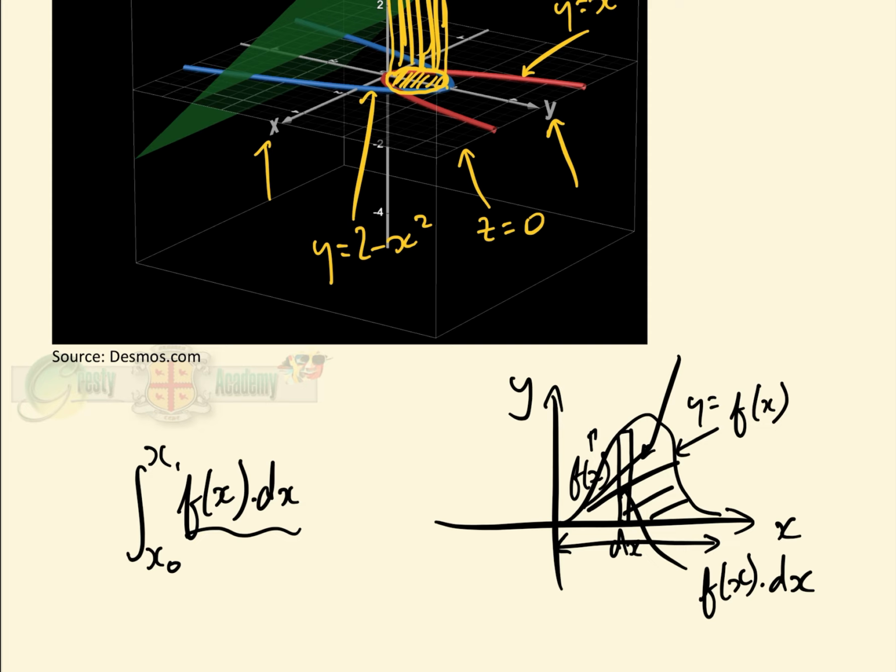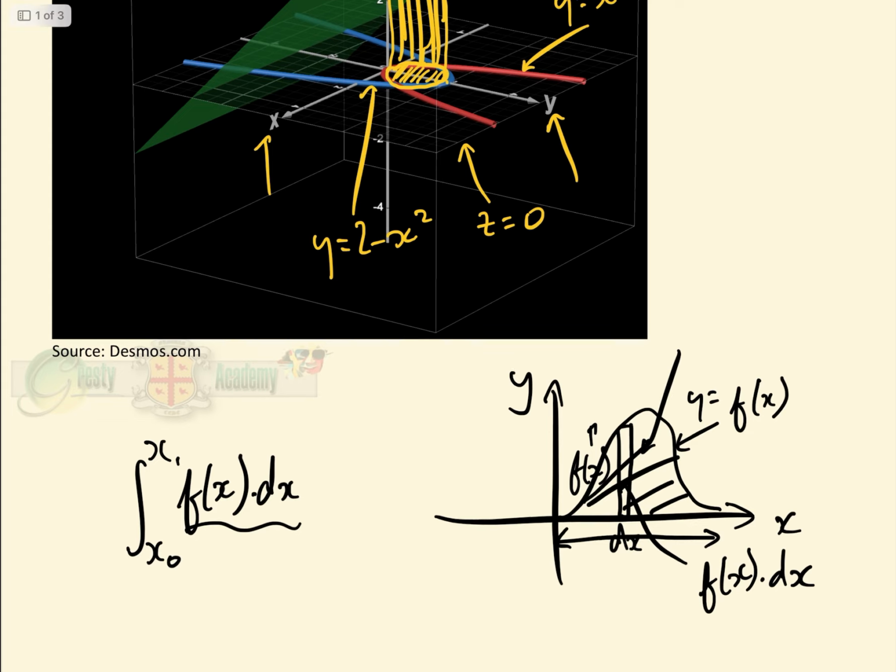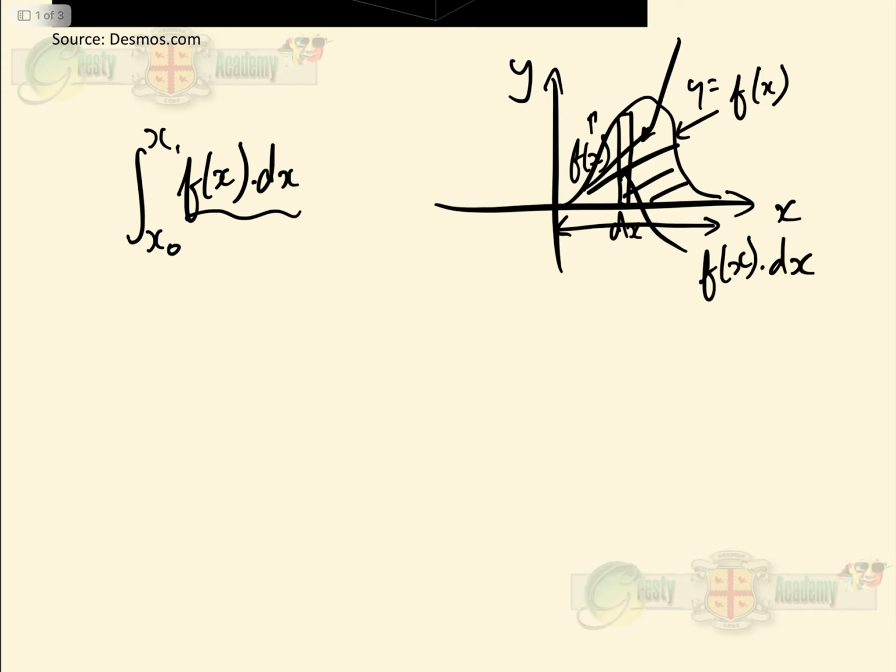What we do with the volume is we just extend that to 3 dimensions instead of 2. In theory, we have our x, we have our y, and we have our z, and I'm comparing this to the two-dimensional case.